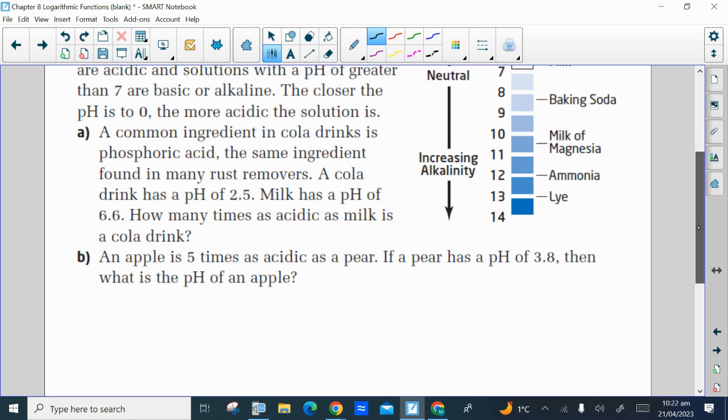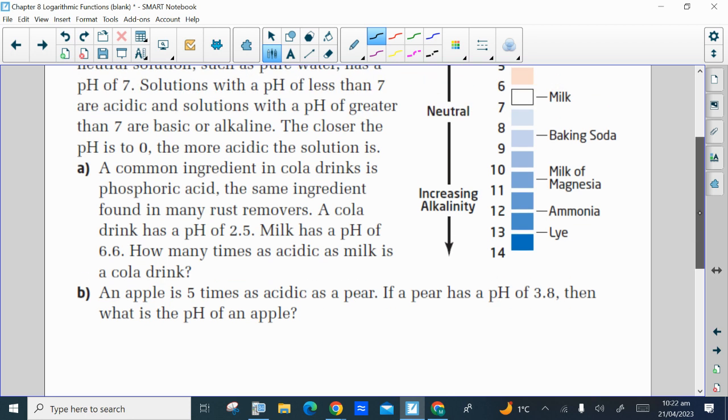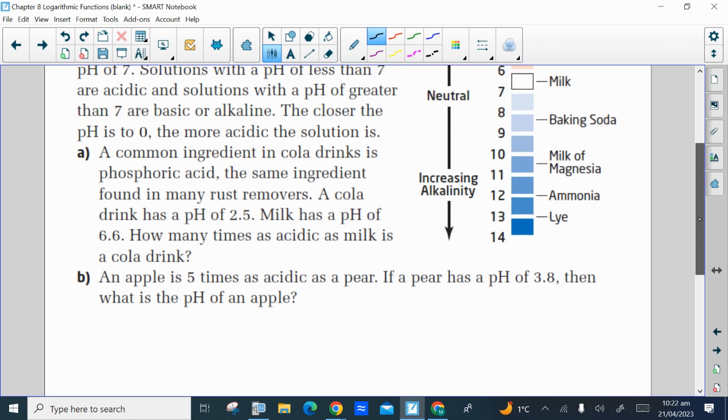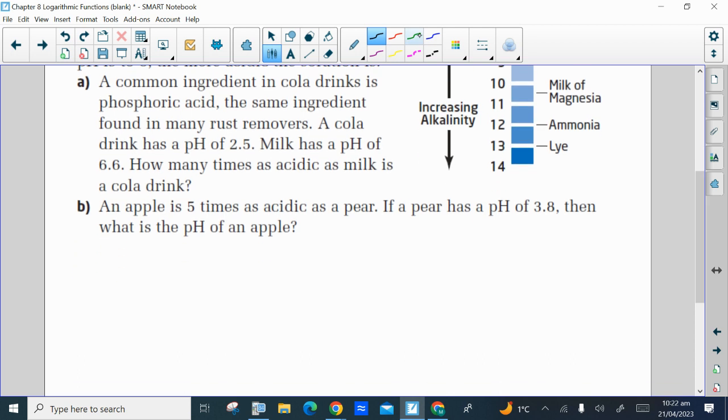So again, we're going to set up the same type of equation that we did in part A on the previous question, where we were dealing with sound level intensities. We'll start with the fact that our pH level is found by going negative log H positive. And we're going to have two different pH levels.